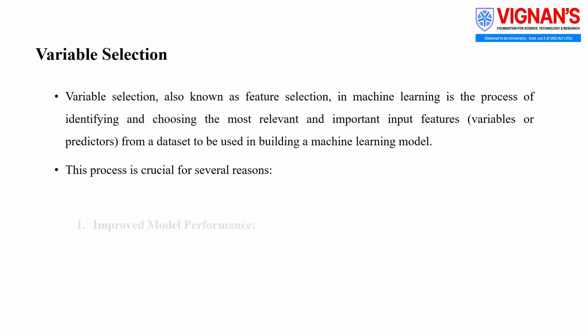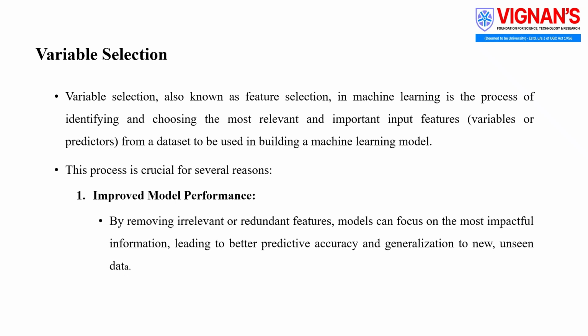Some features may be irrelevant, noisy, or redundant. By removing such unnecessary features, we improve the model's performance. The model becomes more accurate, more efficient, and generalizes better to new and unseen data. In simple terms, feature selection helps the model focus on the most meaningful information and ignore the rest.